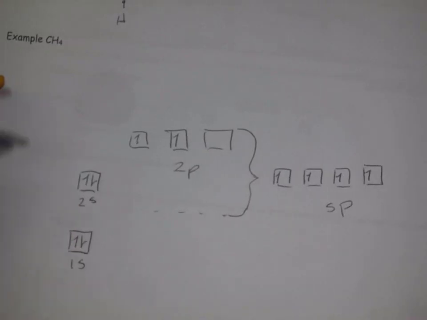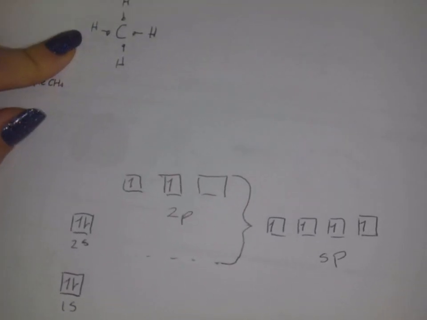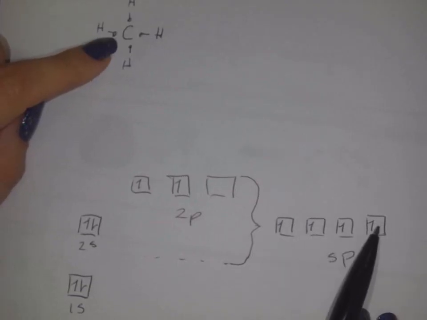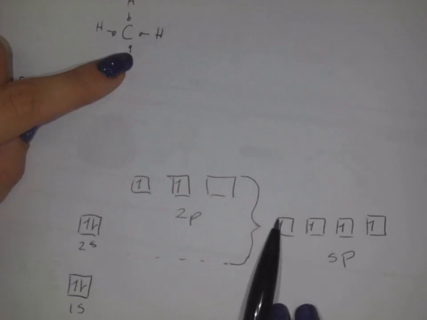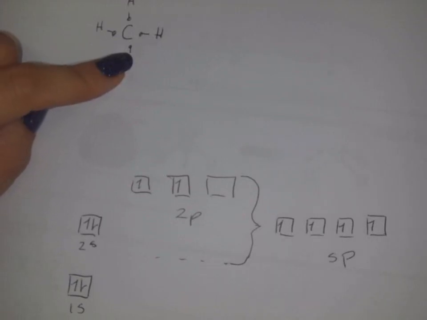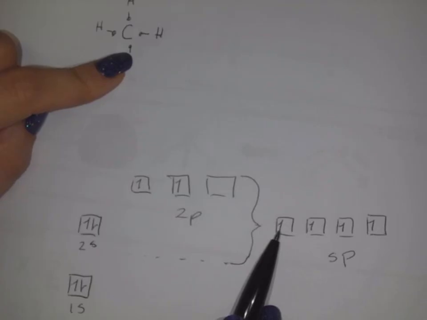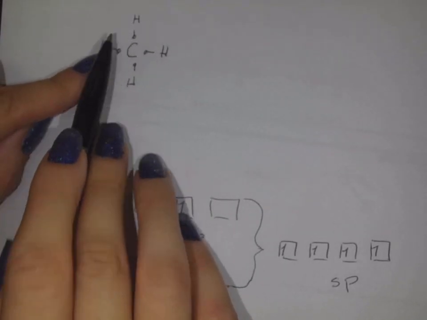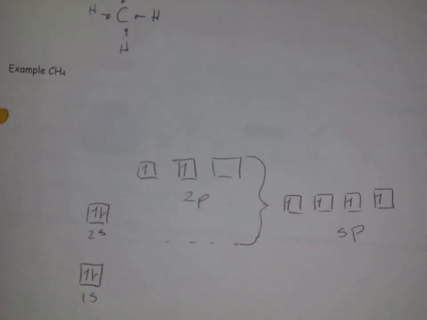Ooh, now carbon has 4 unpaired electrons that hydrogen can form bonding orbitals with. They can now share this electron with hydrogen, and hydrogen can share 1 electron, and we can form these bonds. That's what hybridization is.